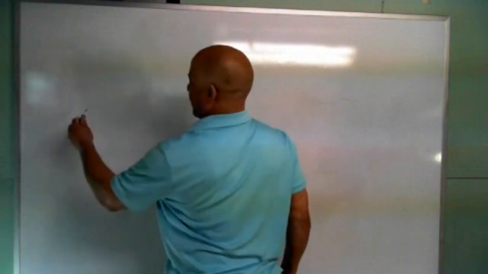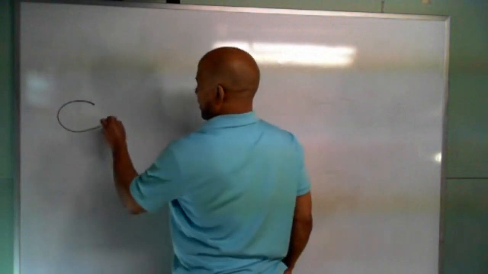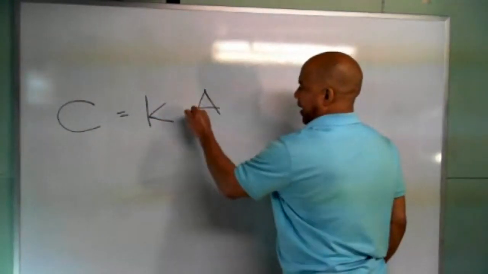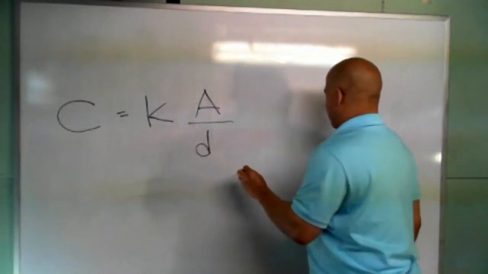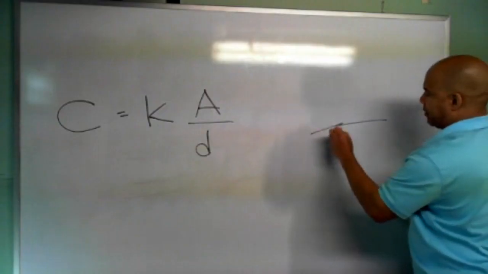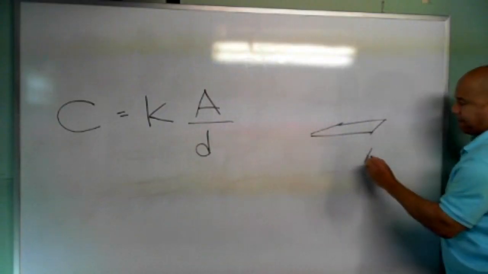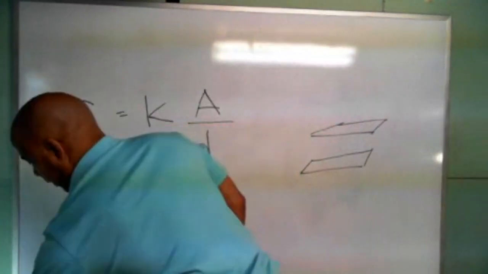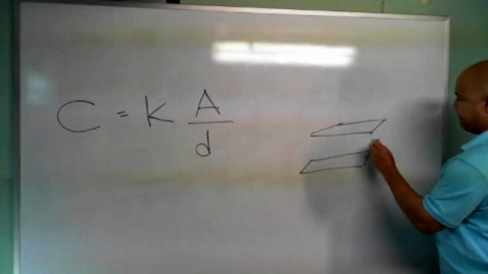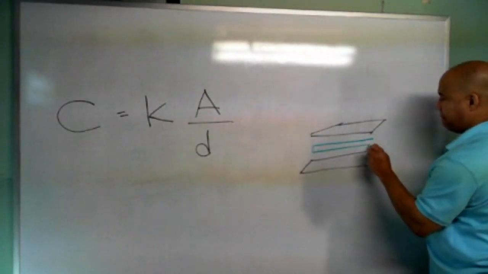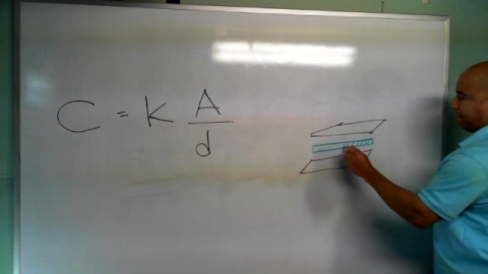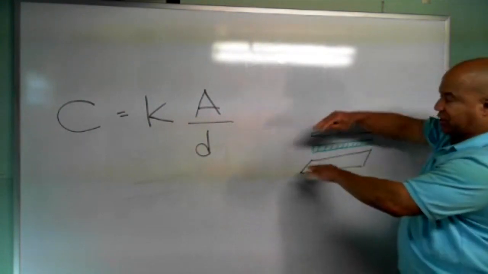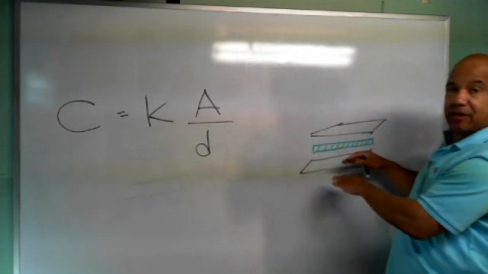So the equation, C equals K A over D. So if I have my parallel plate capacitor, and then I have my dielectric, usually what they would do, they would take these and stack them together and literally make a sandwich.